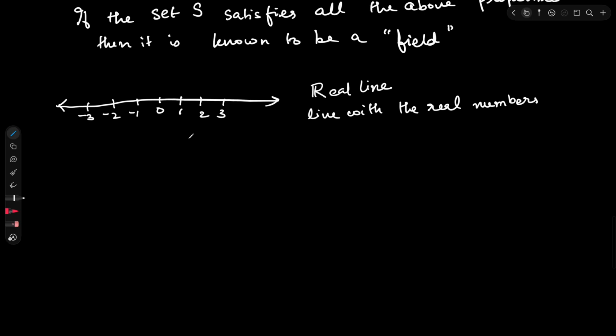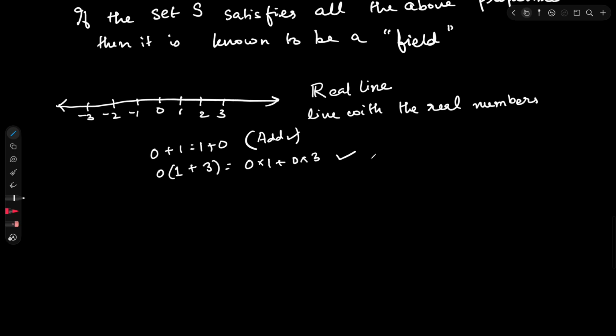If we take any two numbers on this line, suppose 0 and 1, and add them, 0 plus 1 equals 1 plus 0. So the additive property is satisfied, right? Then we have 0 into (1 plus 3) equals 0 into 1 plus 0 into 3.